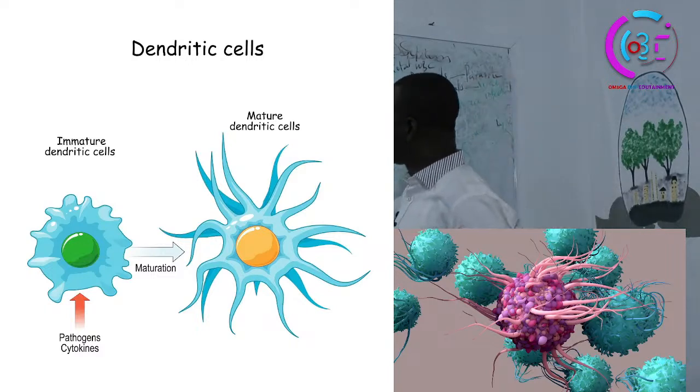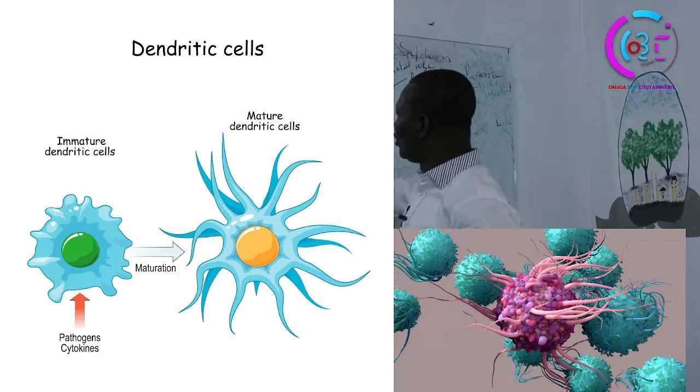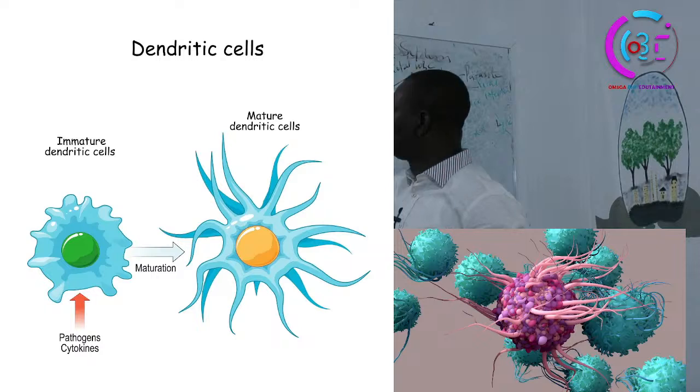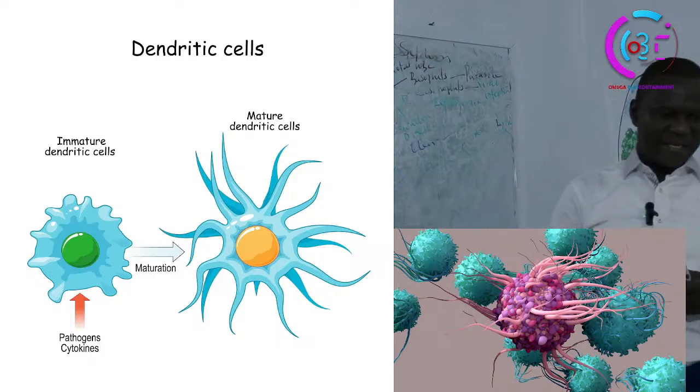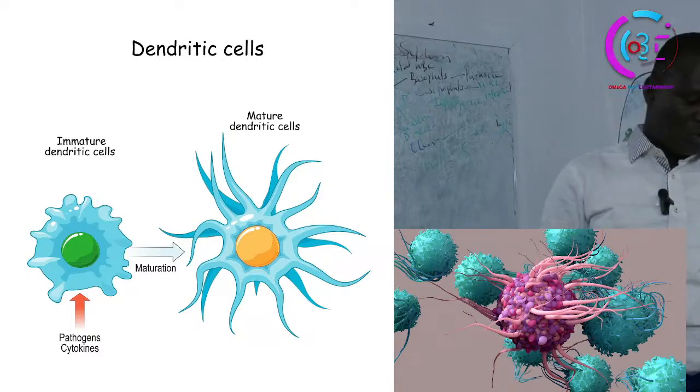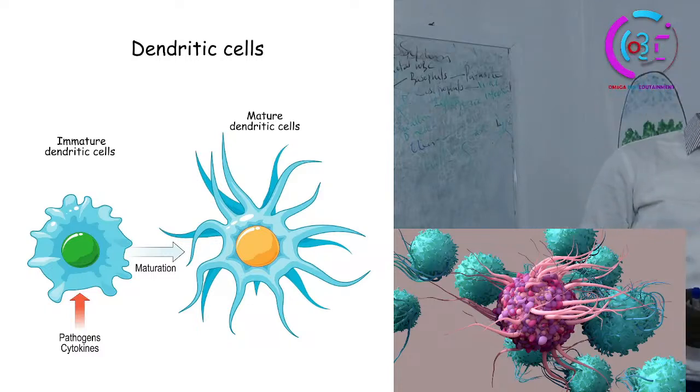Now, they serve as cellular mediators between the innate immune system and the adaptive immune system. They are just like an intermediary between the two arms of the immune system.